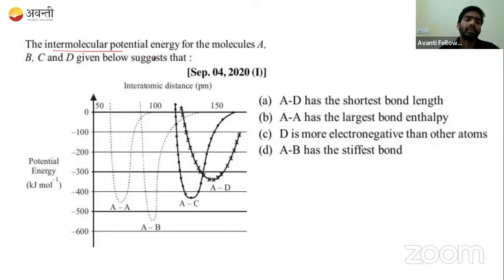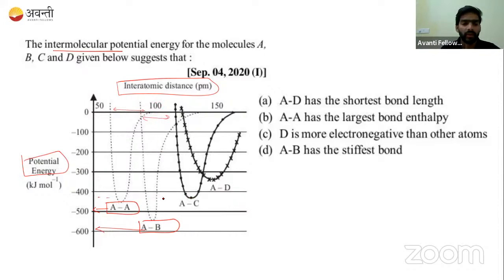See, here it is given the intermolecular potential energy for the molecules A, B, C, D. You can see here it is given potential energy, and on one of the axes it is given the interatomic distance. So here if you see, A has this much potential energy, and this is the interatomic distance, and then AB has the bond energy, that means the potential energy this much, and the atomic distance this much.